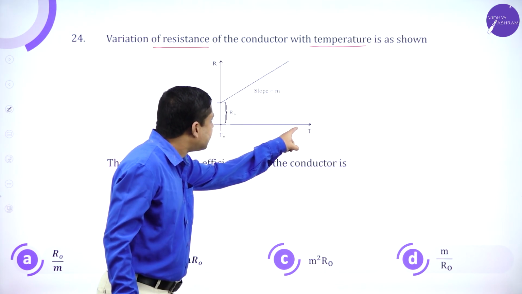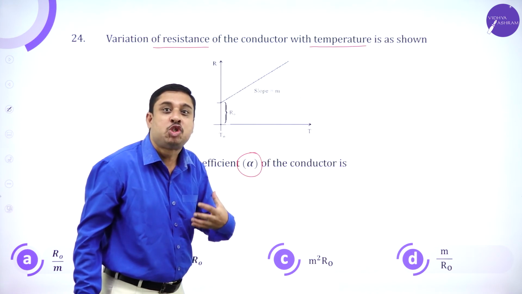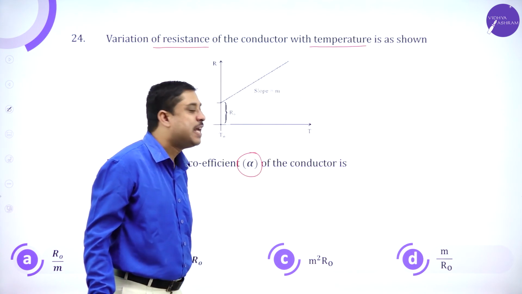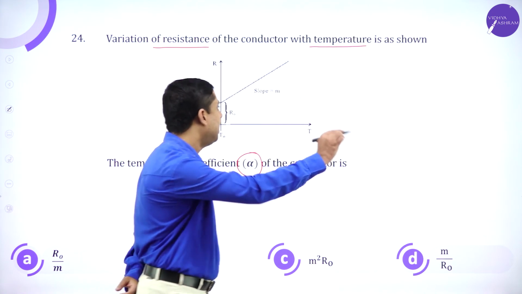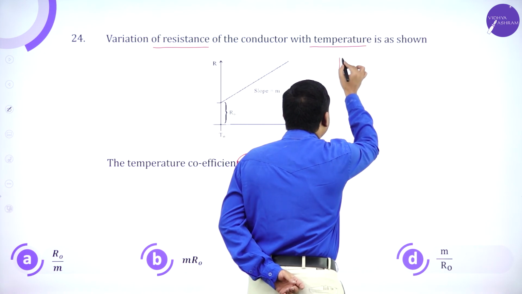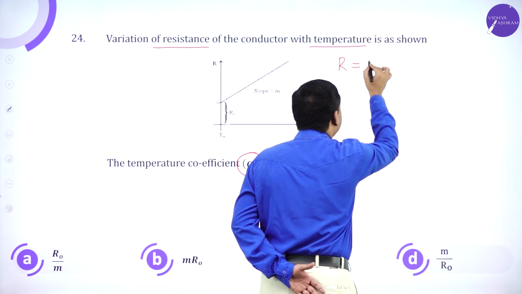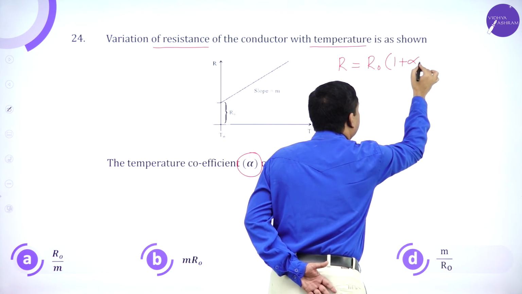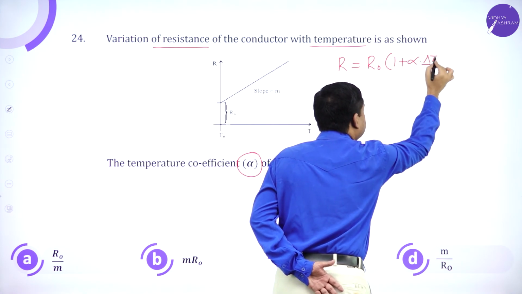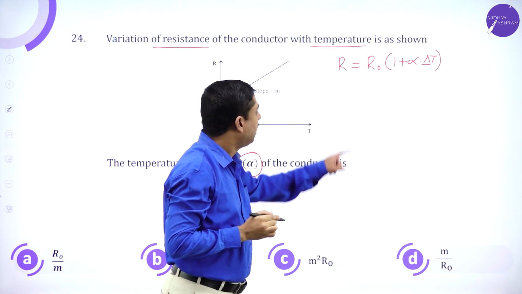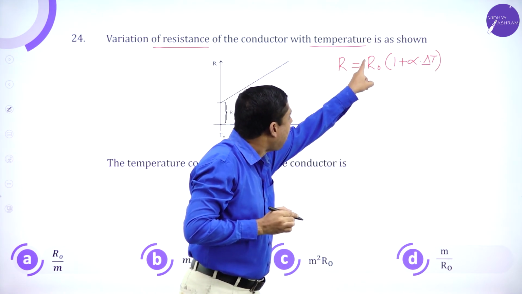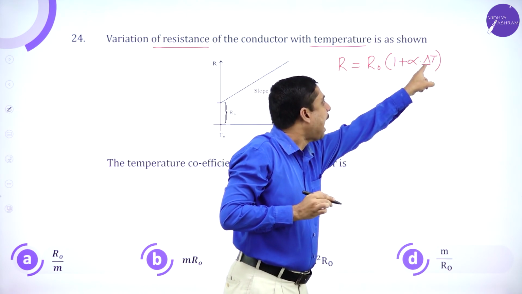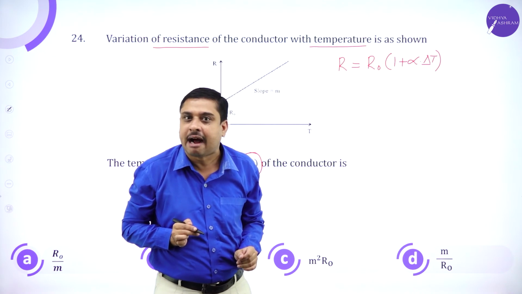So there is a graph where I show the variation of resistance with temperature, and the equation which describes this variation is, if you have studied, R equals R naught into (1 plus alpha into delta T).